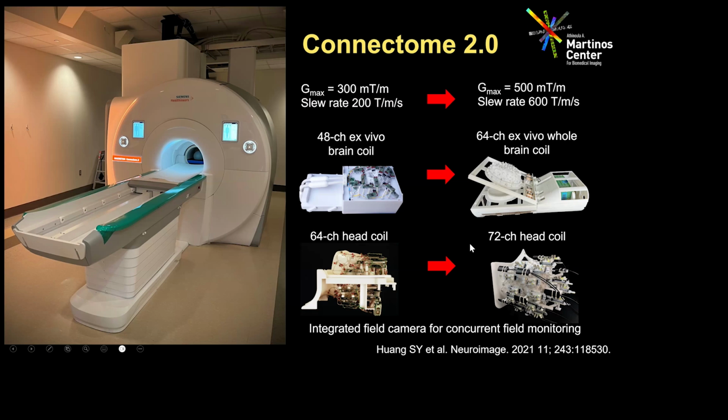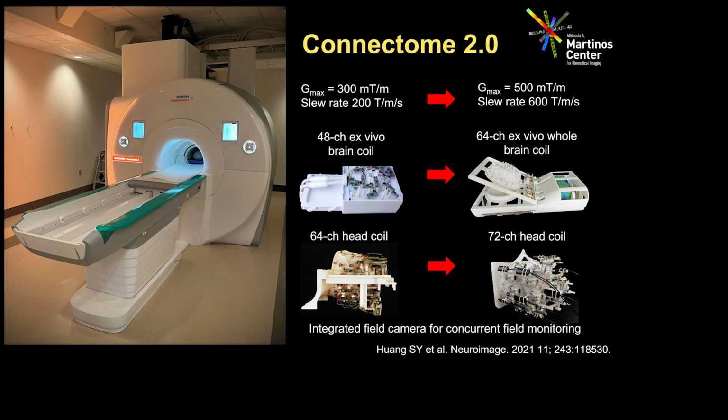So we have a very high 72 channel count head coil, this next generation brain coil, compared to our original 64 channel head coil. These were both built by Boris Keil. Then you can also see here a 64 channel ex vivo whole brain coil. That builds on our original prototype of a 48 channel ex vivo whole brain coil. This is essentially a bucket coil that allows you to put the brain inside and then close on top.